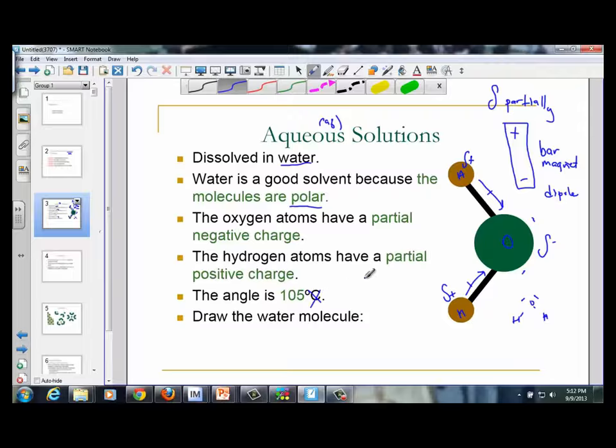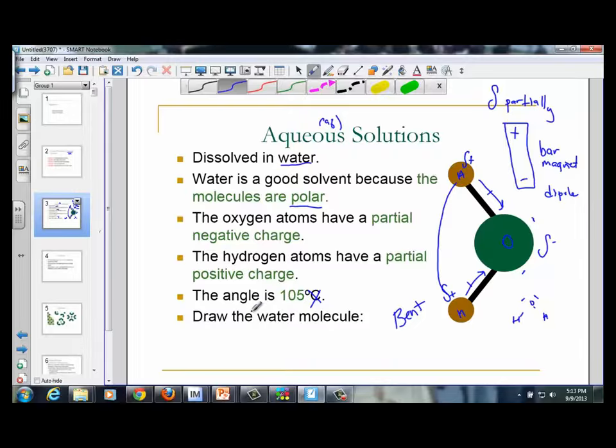The bond angle is just 105 degrees. So the region between the two H's, water is a bent geometry. Water is not linear where the H's come straight out, but it is bent. So these areas that are positive and an area that is negative make a great region to attract other particles that have positive and negative regions on them as well.